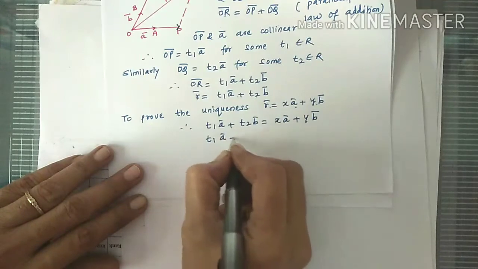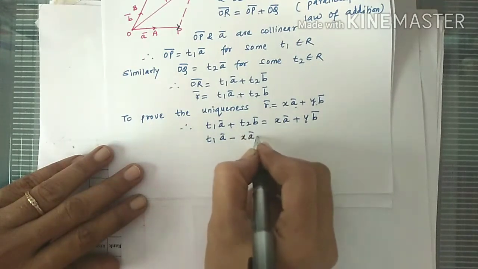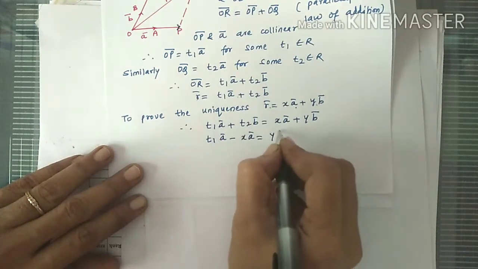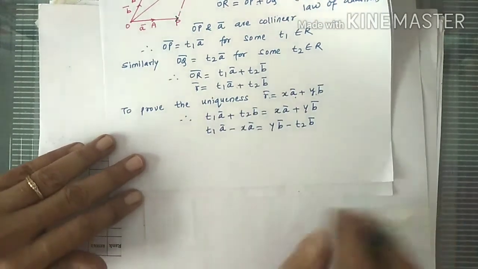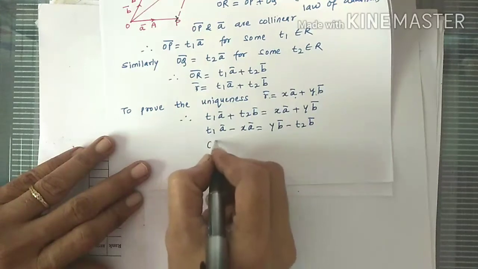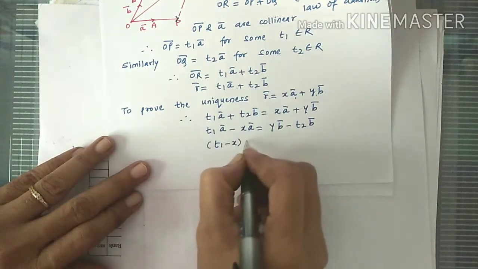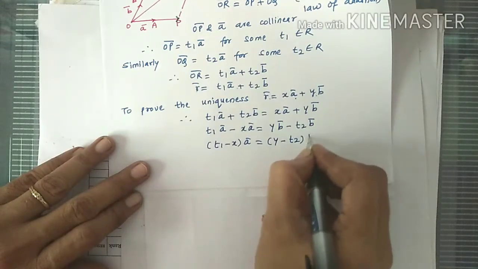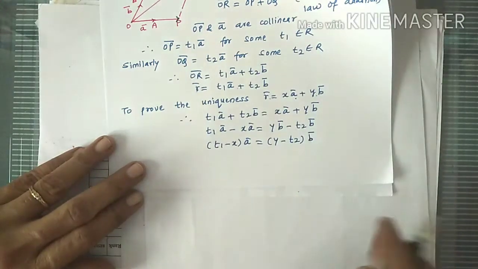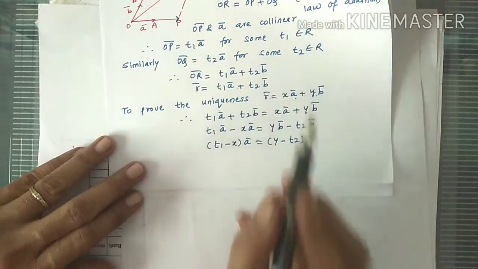So T1 A bar minus X A bar is equal to Y B bar minus T2 B bar. Let's take A bar common. So we get (T1 minus X) A bar equal to (Y minus T2) B bar.